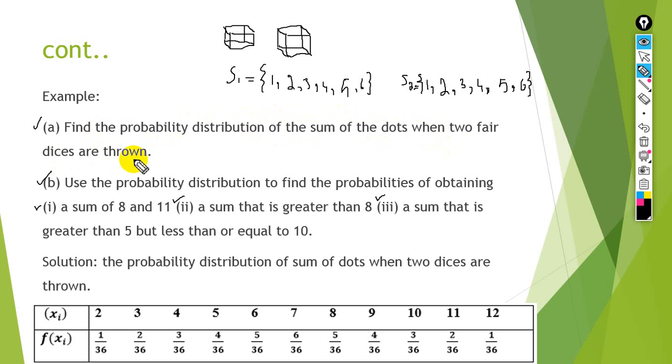What is the sum? It is when we take the sum. For example, if we take the sample space, what will the sample space be?